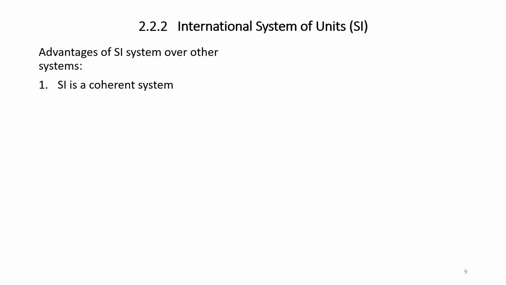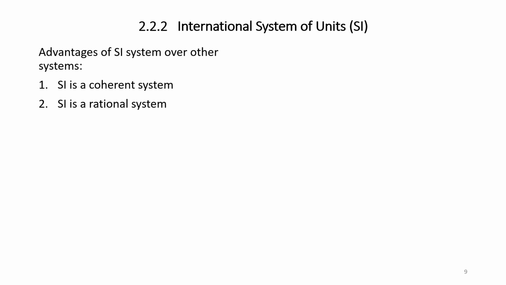International system of units. Advantages of the SI system over other systems. SI is coherent. Coherent means logically connected, consistent, orderly, or integrated. So SI is a coherent system. SI is a rational system.